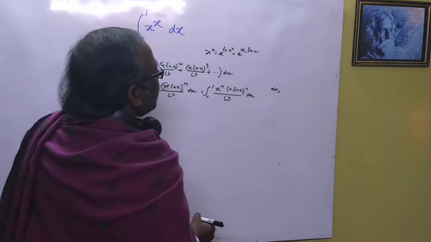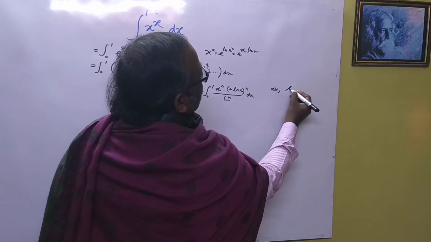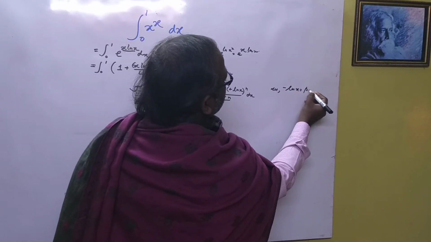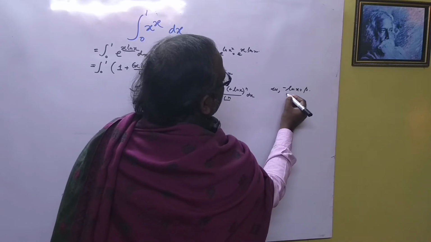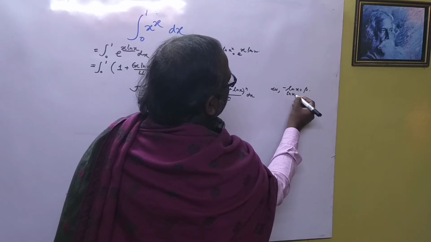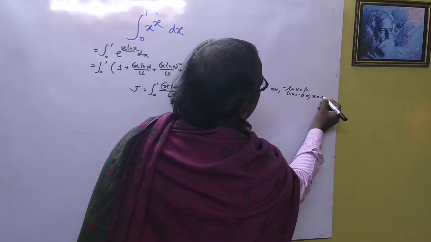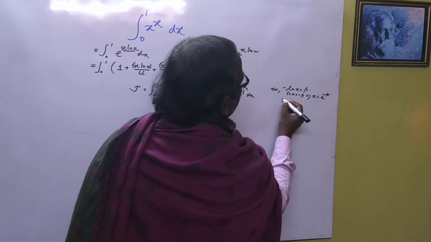Let minus ln x be equal to p. So ln x is equal to minus p, which implies that x is equal to e to the power minus p.